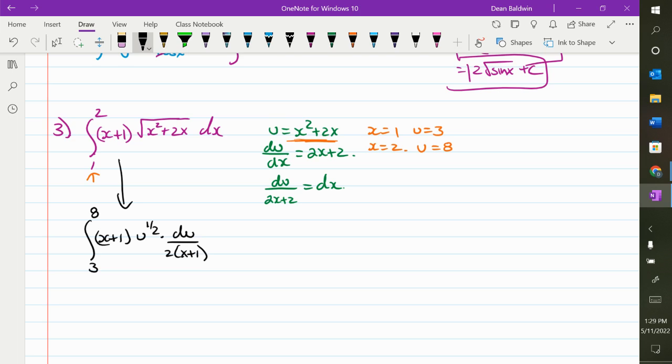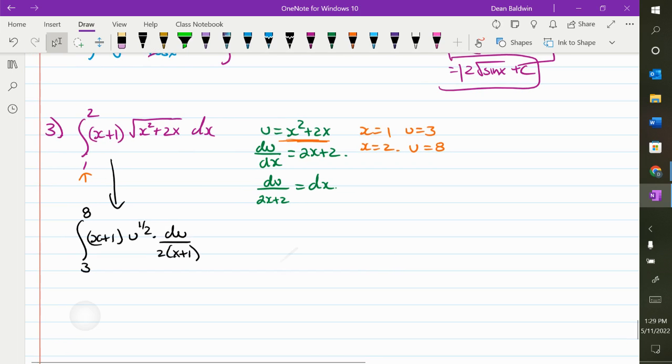Because then the x plus 1s will cancel. So this is my integral that I'm going to evaluate, from 3 to 8, and I can pull out the 1/2. That's my integral that I'm evaluating, which is pretty straightforward. We took a gong show integral and turned it into something pretty simple.